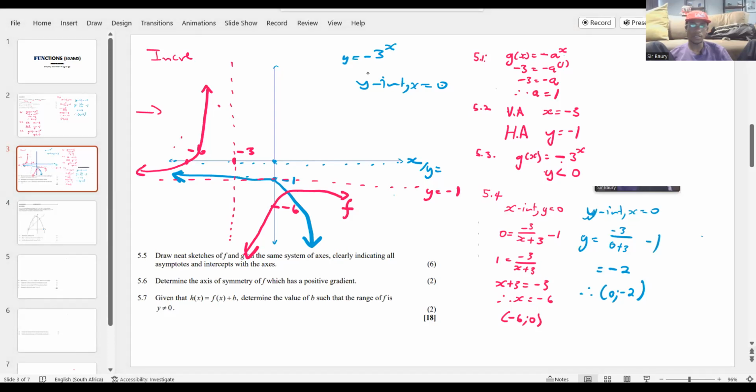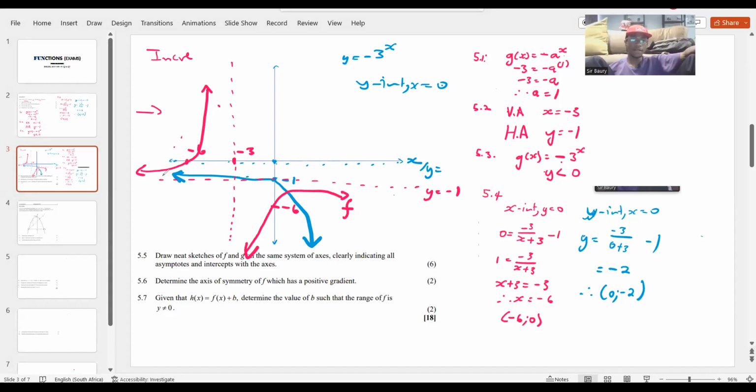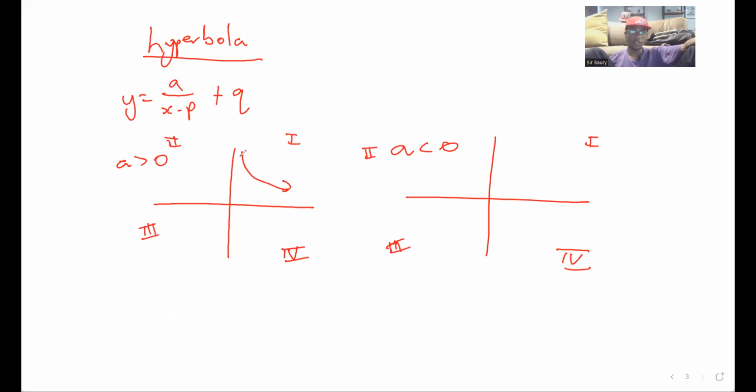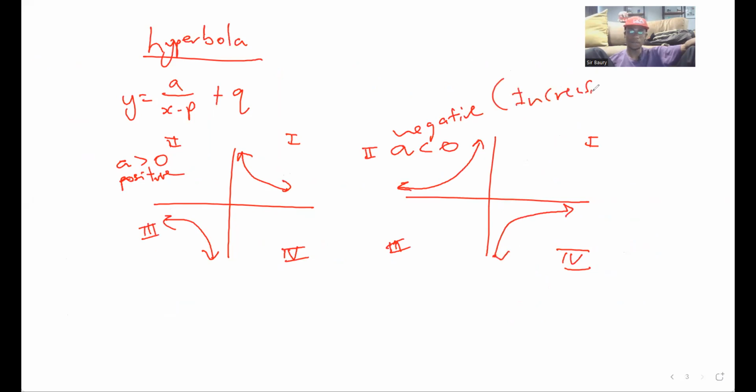What I'm simply saying is, if you have a positive a, your function goes this way. It's in the first and the third quadrants. If you have a negative a, then the function is decreasing.